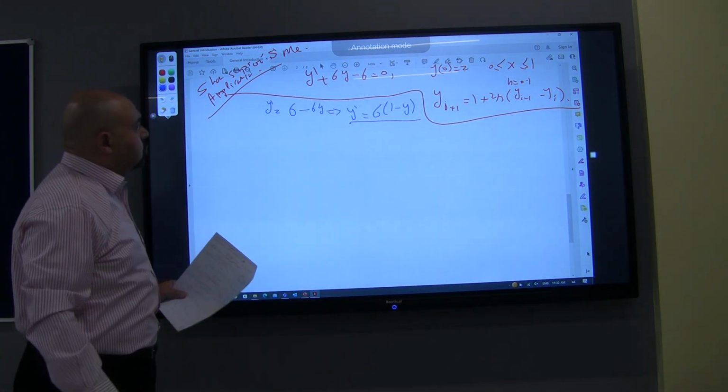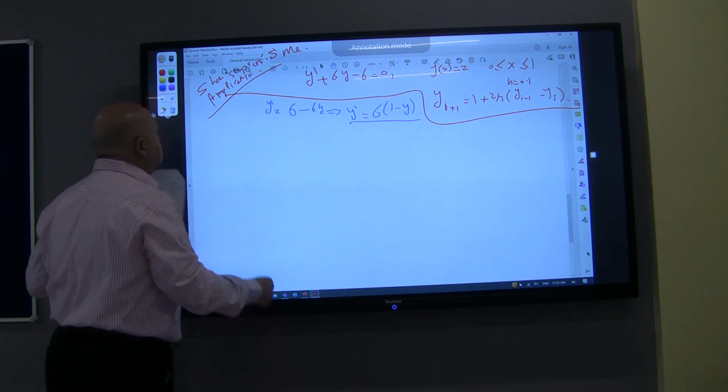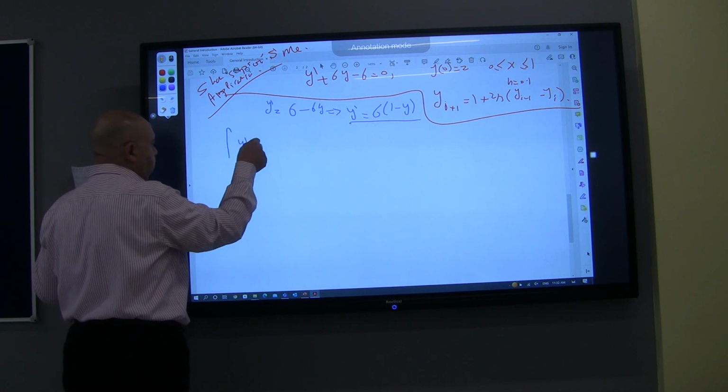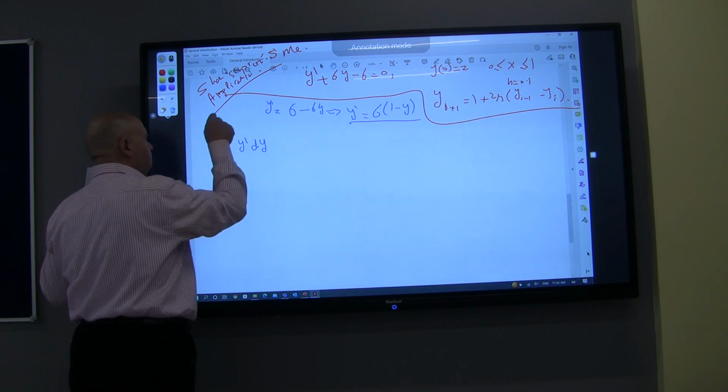Now I want to get y. Okay, integrate both sides. I will start to integrate y dash with respect to x, from x of i minus 1 up to x of i plus 1.